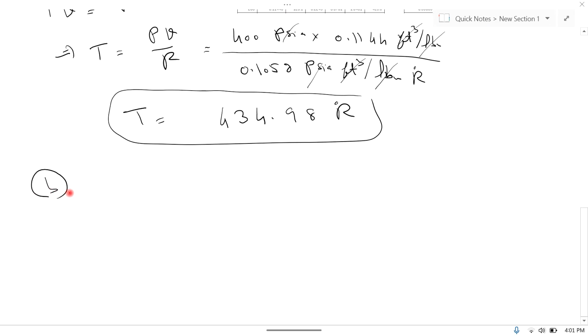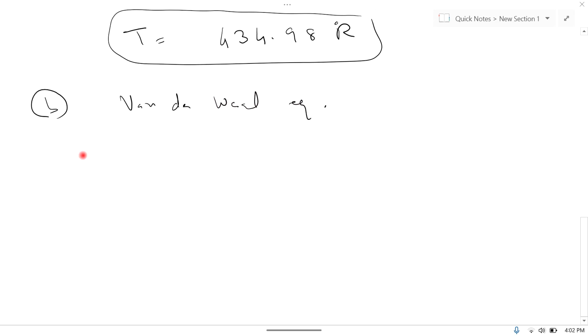Now number 2, find the temperature by the van der Waals equation. The van der Waals equation is (P plus A divided by V square) times (V minus B) is equal to RT.